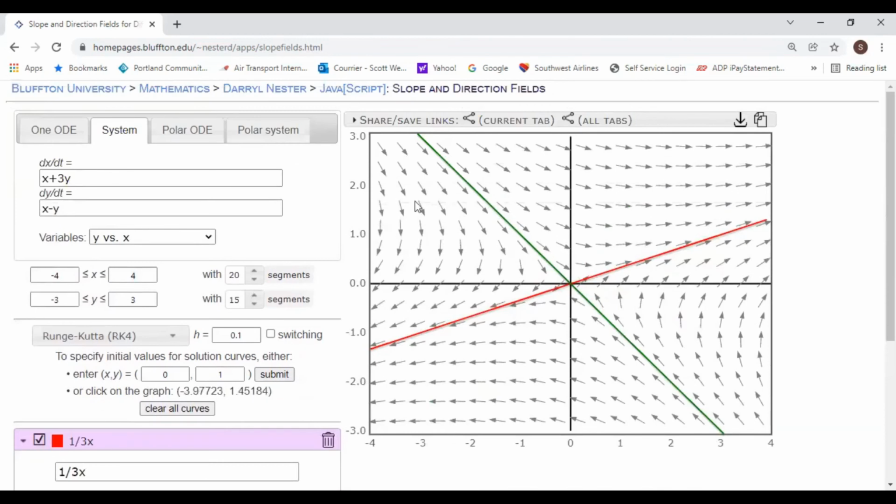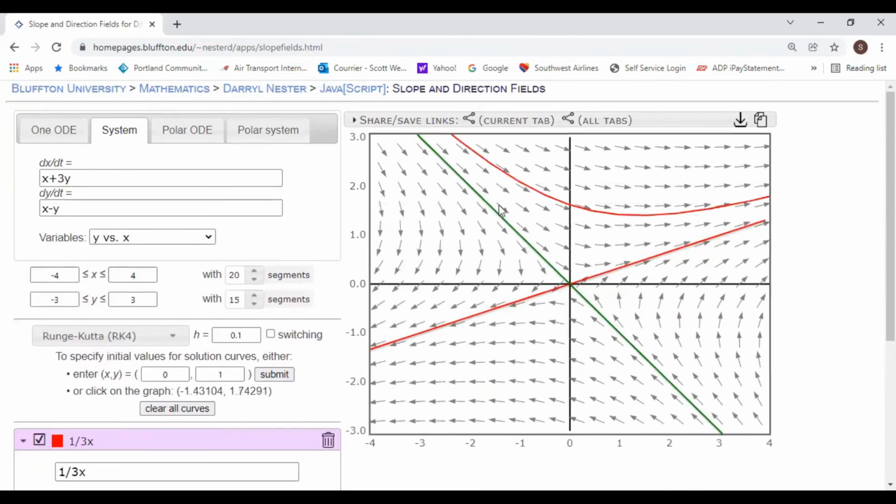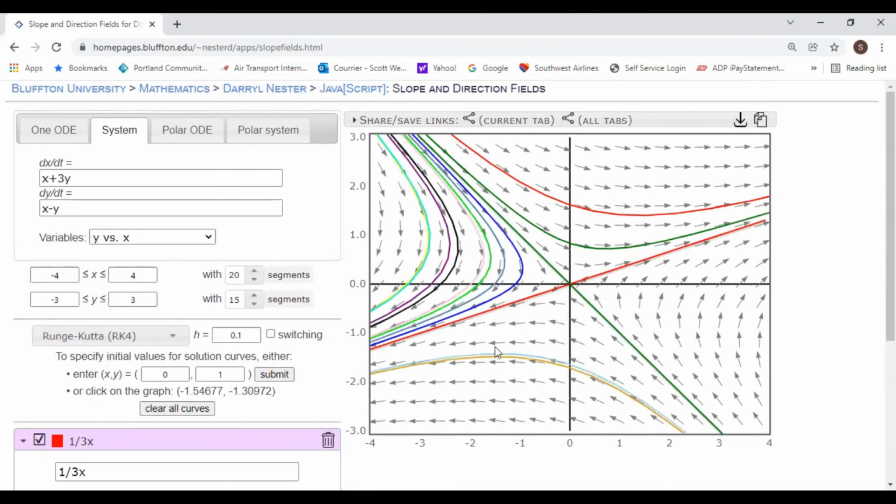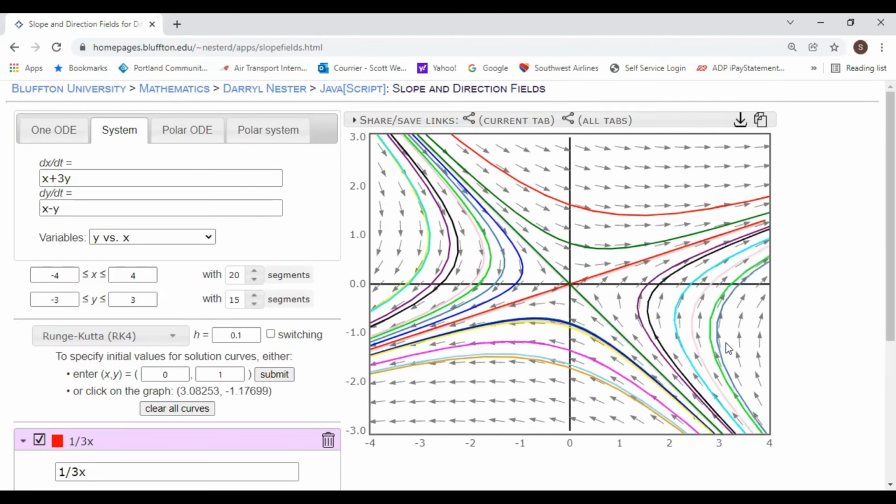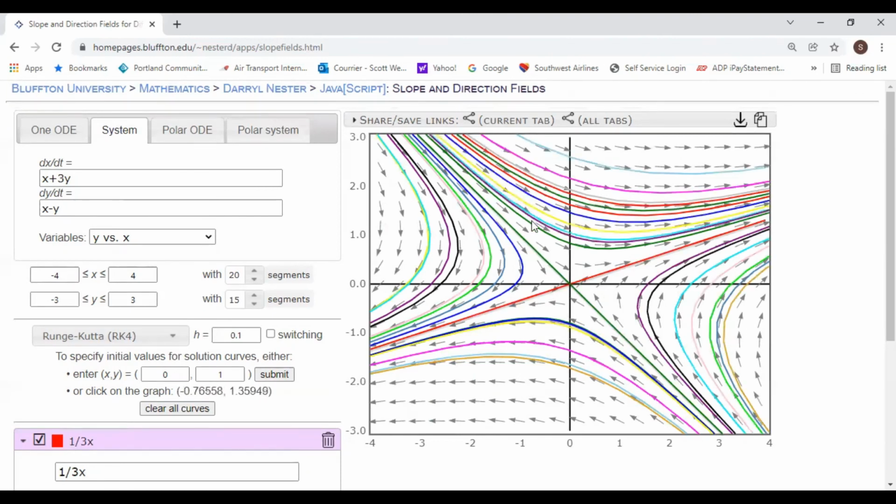Okay, and now we can see our saddle point, and you can see that the solution curves come in along the direction of the subdominant eigenvector, and they go out along the direction of the dominant one. So there's a vector inward and a vector outward that they take.